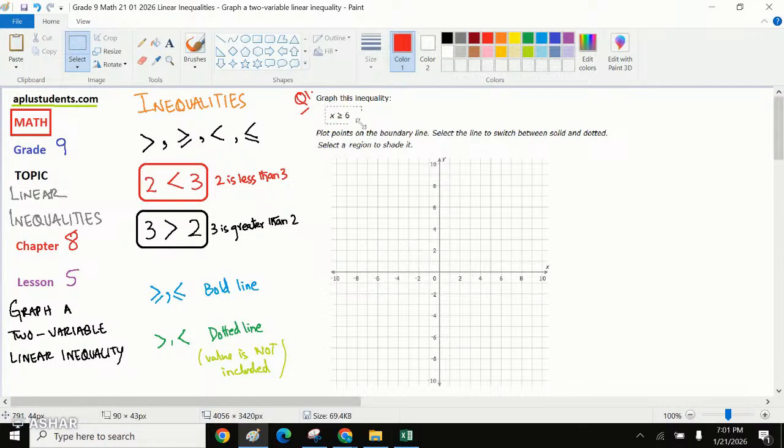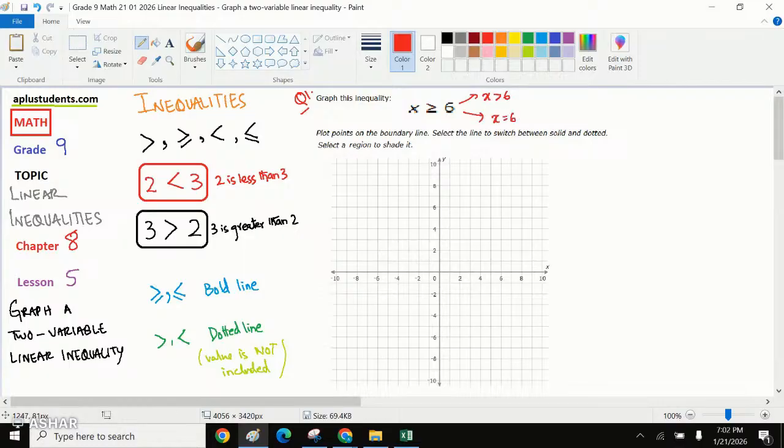The given inequality is this, okay, x is greater than or equal to 6. We know that this is an xy axis. On an xy axis, if x is greater than or equal to 6, right? So this can be written as either x is greater than 6 or x is equal to 6.